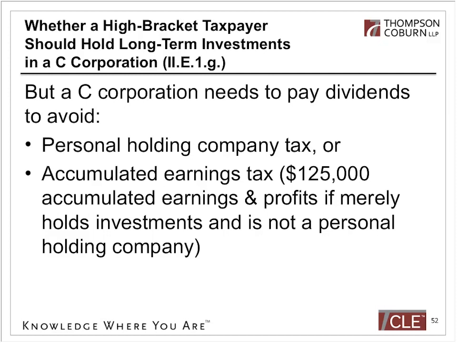If you're basically an investment type of entity, then you really can only accumulate $125,000 of reinvested profits before you start having to pay an accumulated earnings tax. Both the personal holding company tax and accumulated earnings tax are avoided by paying dividends. But of course, if you're paying dividends, now you have another layer of tax on top of it. So that's not a good deal.